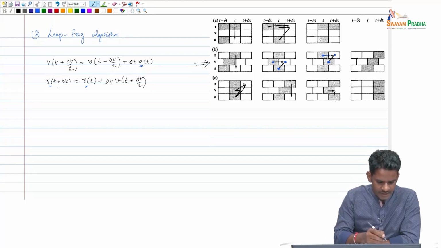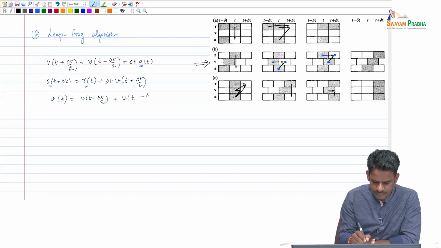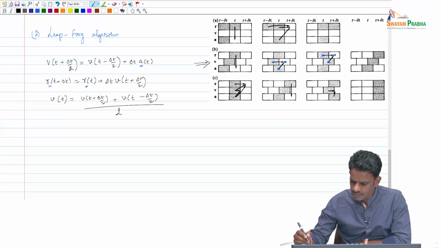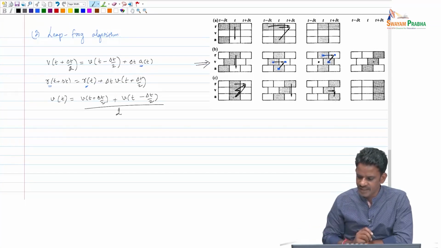And then now we want to again update the velocity at t using the average of the two mid step velocities. And this is shown here. So, you take the two velocities, that is the velocity at t minus delta t by 2 and the velocity at t plus delta t by 2, take the average of these two and get the velocity at time t.